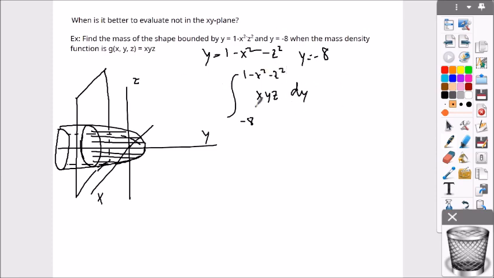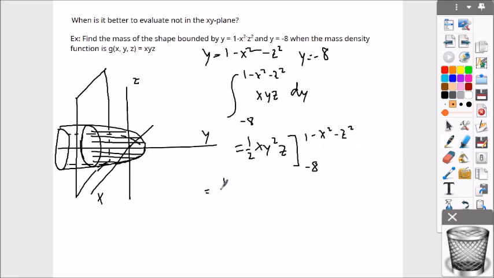So let's do this first. I'm not going to do that first because that's actually quite, no, sure, I'll do that first. We're not in a classroom. It's illegal, but I don't care. So this is equal to x y squared over 2 times z, I'm going to put the 1/2 outside, evaluated from negative 8 to 1 minus x squared minus z squared.